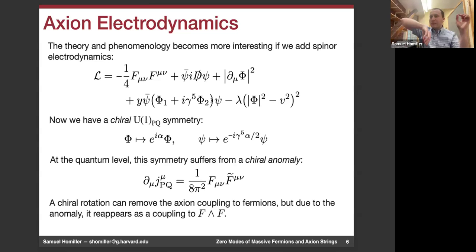You can perform a chiral rotation of the fields to remove that fermion coupling. But because of this anomaly, doing that rotation doesn't preserve the Lagrangian. You introduce a coupling of the axion to F F dual, right? And I'll come back and talk about this F F dual coupling a lot in what follows.